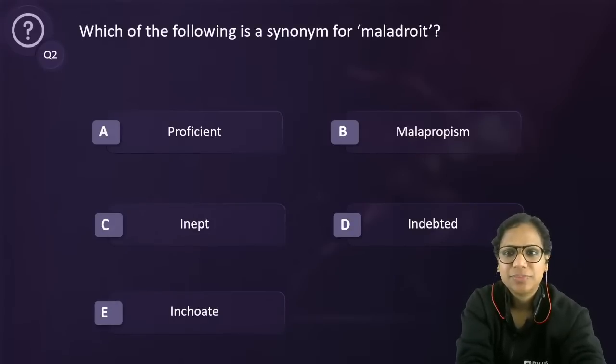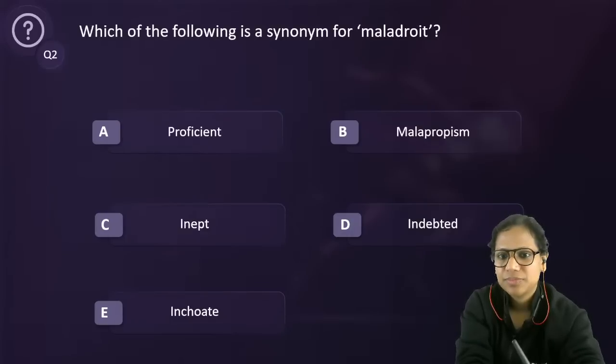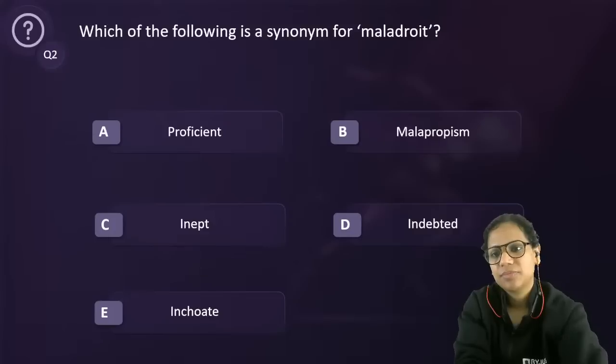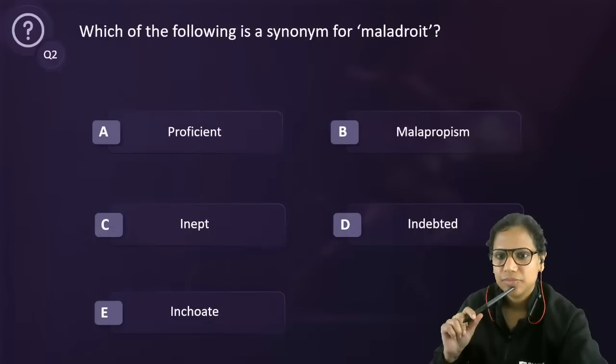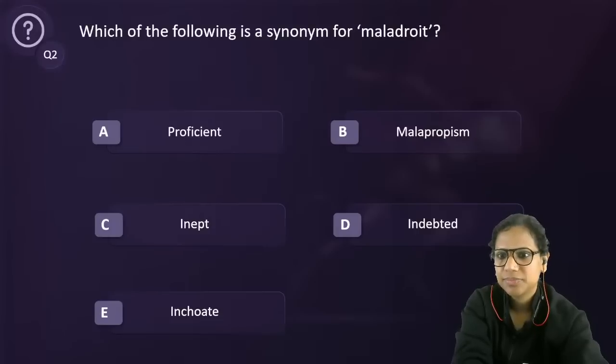Yes, XYZ. Maladroit. That's okay. Learn mode.